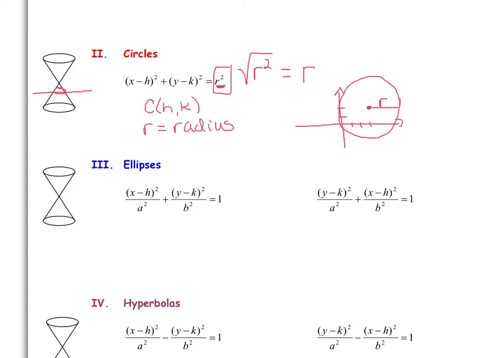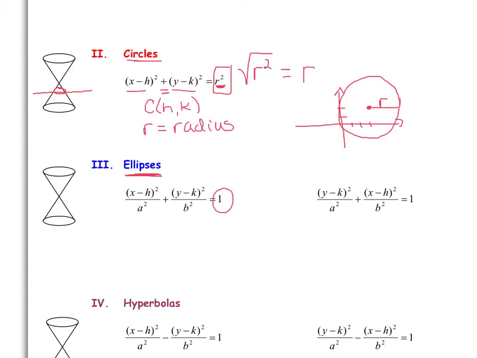It could be 1, but the ones that people get confused on is that the circle equation and the ellipse equation are very similar. We have two things being squared, being added together. But the difference is that the ellipse will always be equal to 1, and if it's not, you'll divide it, and we'll talk about that later. But you'll start to recognize the difference between circles and ellipses.